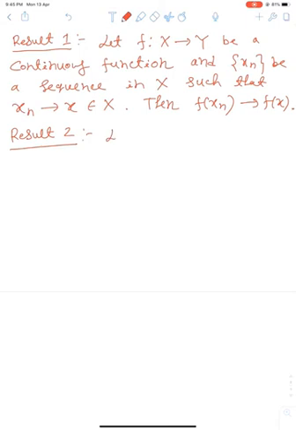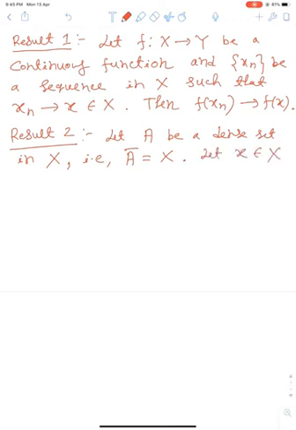It says, let A be a dense set in X, that is, A closure equals X, and let x be an arbitrary element from X. Then there exist x_n, all belonging to A, for all n in the natural numbers, such that x_n converges to x.